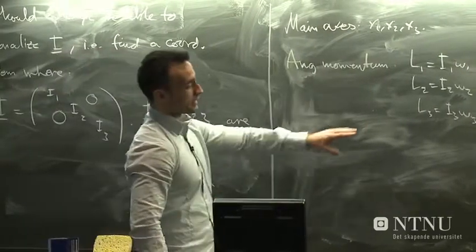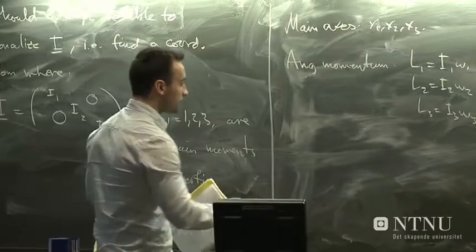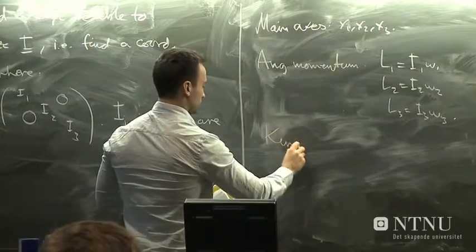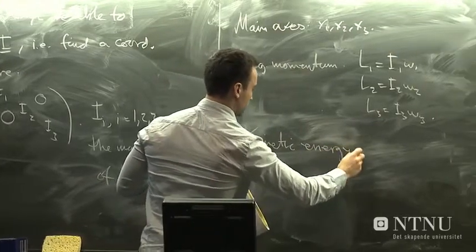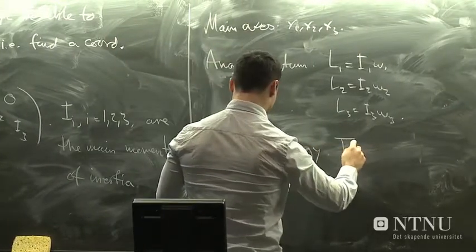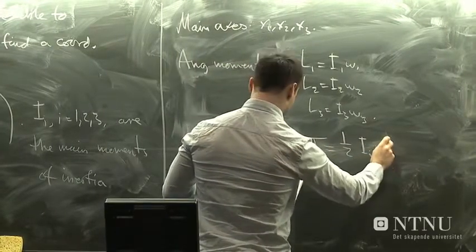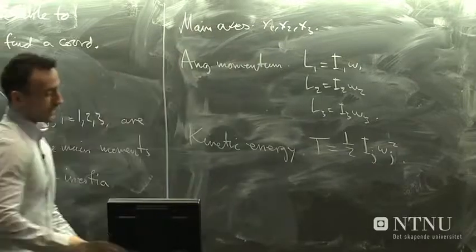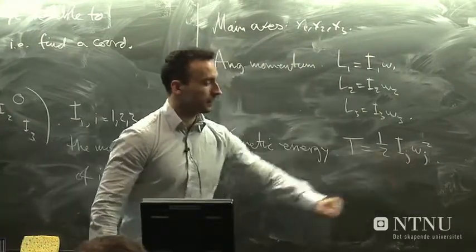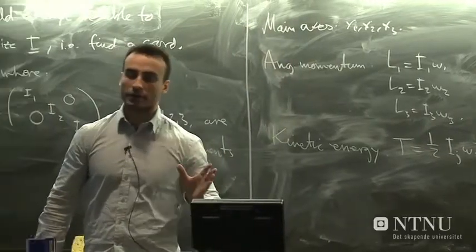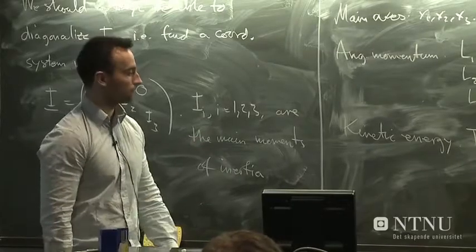So the angular momentum takes a very simple form in this special coordinate system. And the same thing goes for the kinetic energy, which now reduces to a simple sum here, instead of this matrix product, omega I omega.